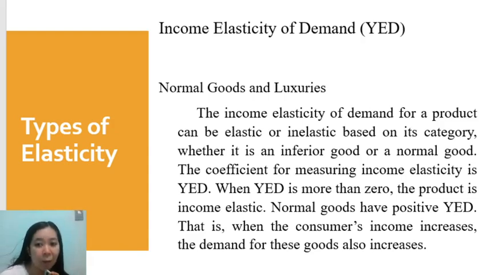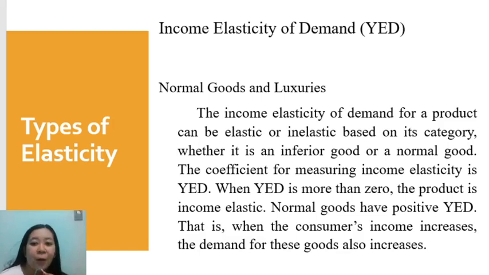However, it will be based on its category, whether it is an inferior good or just a normal good. The coefficient for measuring income elasticity, as we have mentioned, is YED. Here, our rule is when YED is more than 0, the product is income elastic.